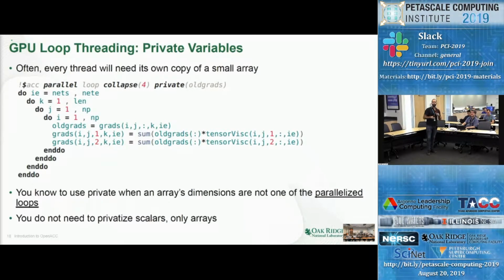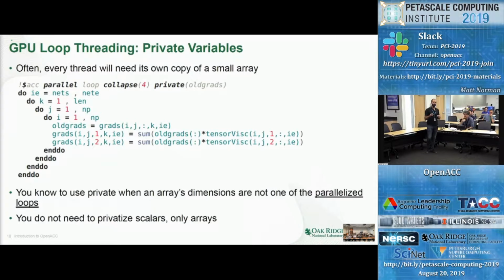In this case, this old grads variable you see here has a dimension that is not included in the dimensions that we are threading over, and therefore every thread needs its own copy of that. Now note, you don't need to use the private clause on scalars. This is different than OpenMP.